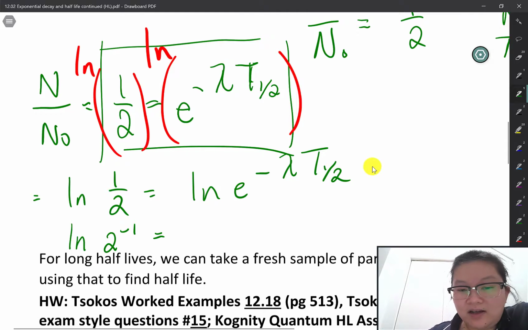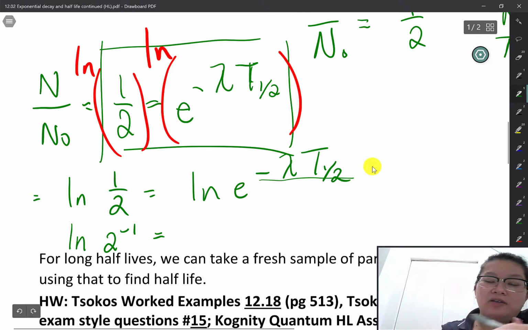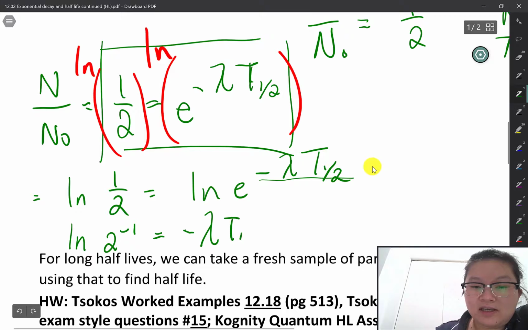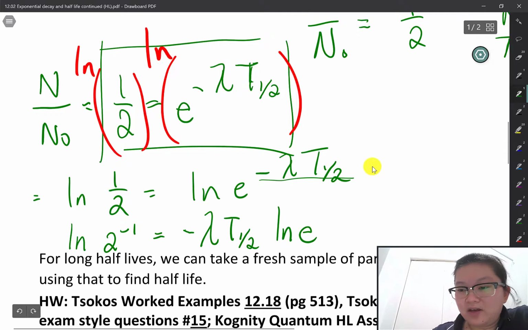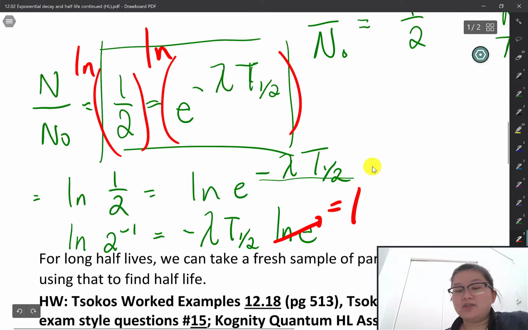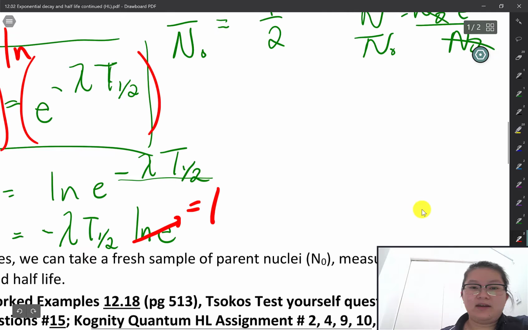When we take the ln of e to the power negative lambda t half, remember, whenever we take the log of something, the exponent drops down in front. So we get negative lambda t half times ln e. We know that ln e is equivalent to 1, so that goes away.